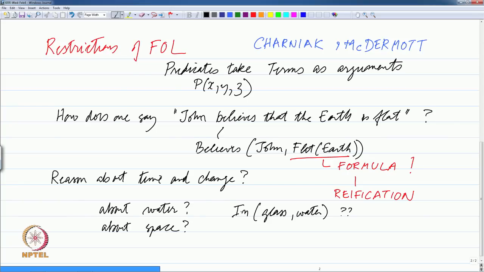So, this notion of "in" that we have said is basically a spatial notion. We can define somehow the semantics of what it means to be in, if we define some axioms for spatial reasoning and so on.